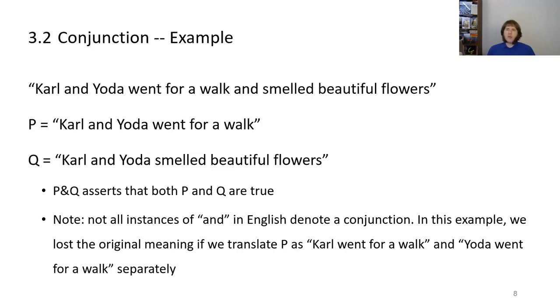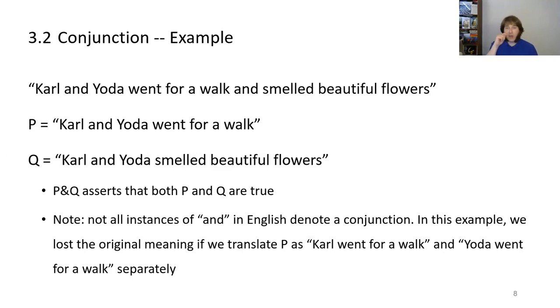So what we lose by breaking down certain instances of "and" in English, by just getting rid of them, is that we start to lose some of the original meaning. When people say things like "Carl and Yoda went for a walk," and they mean that they did it together, we need to try to preserve that meaning in our translation. That can be a little bit tricky.